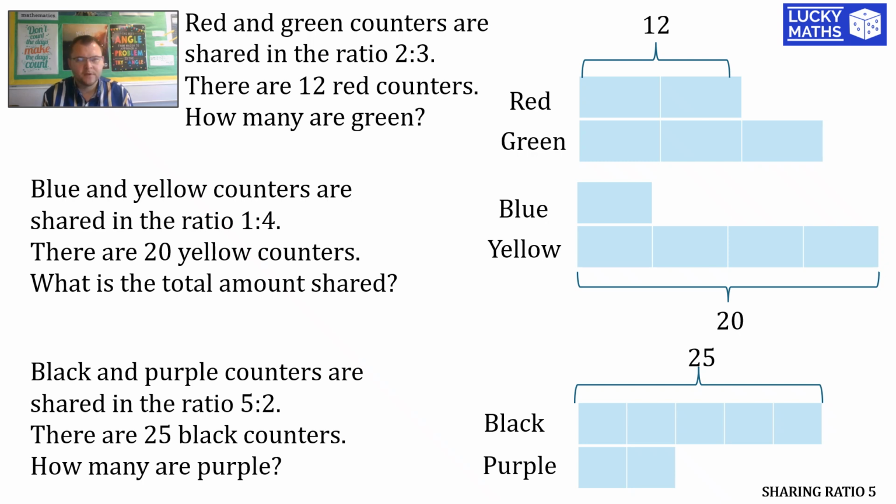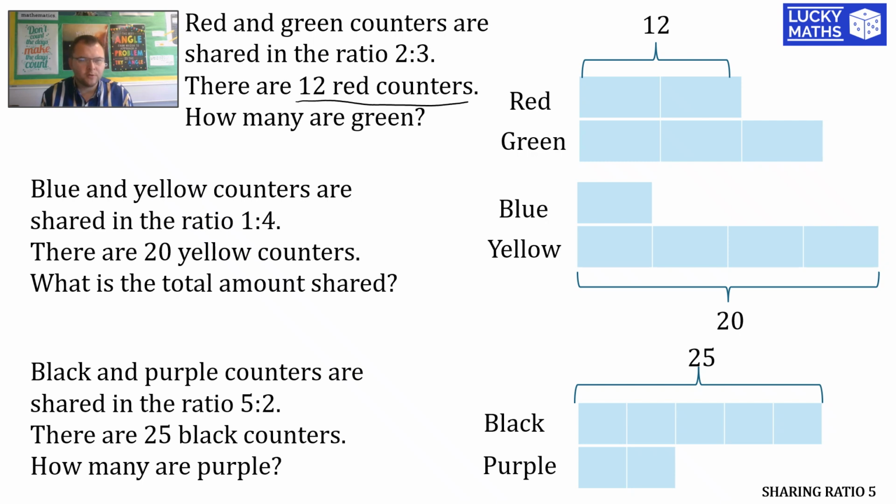Maybe some of you, if you've done the previous worksheet, will have realized that on the previous one we were dealing with the total of money. Whereas here, reading the question, red and green is shared in the ratio 2 to 3, fine. So we've got red and green listed clearly, and we've got 2 boxes for red, 3 for green. The difference is we are told there are 12 red counters.